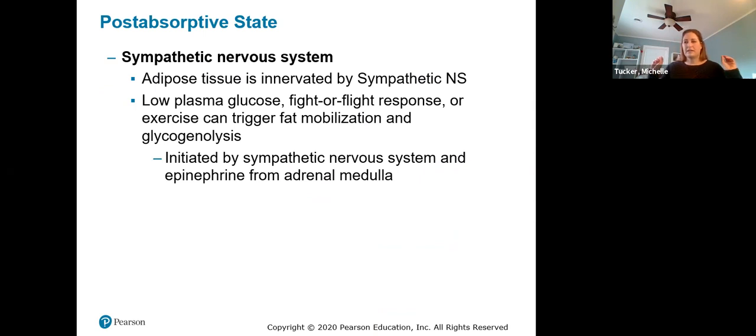So the sympathetic nervous system is going to try and flood the blood with whatever fuel is needed by the body to get away from the bear. So it's going to flood glucose and flood fatty acids. And this is used in exercise as well, not just panic mode, because we need to have a lot of fuel available during exercise.